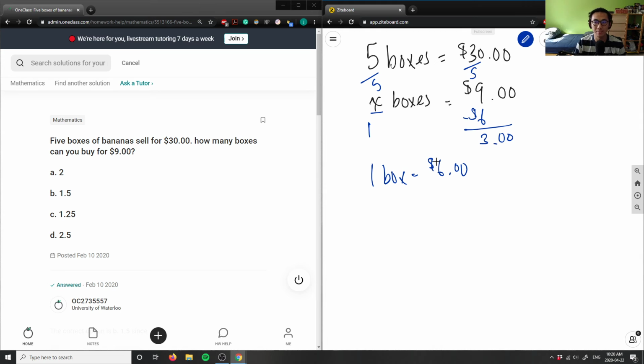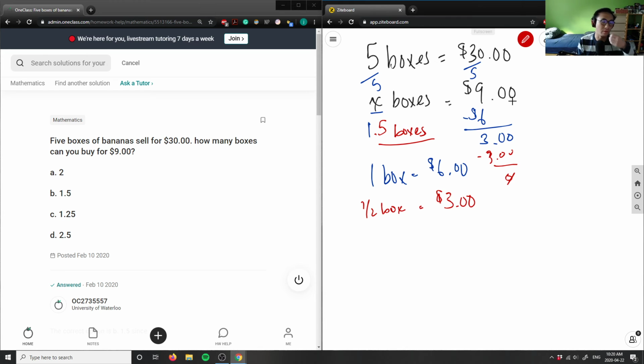It costs $6 to buy a box, but I could buy half a box. Half a box is $3. So I can exchange my $3 for half a box.